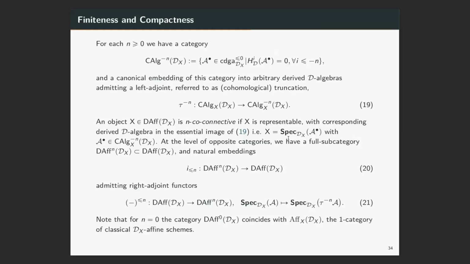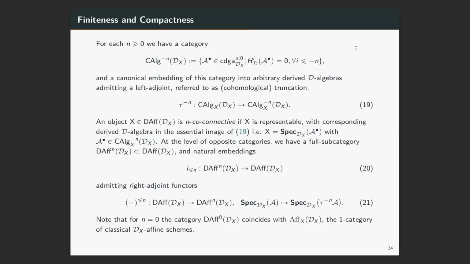And now, with more neat notation than these CDGA type things, this is always going to just be derived from now on, or infinity categorical. So we've already localized everything. It's time to put some terminology down. So there's a notion of n co-connectivity.